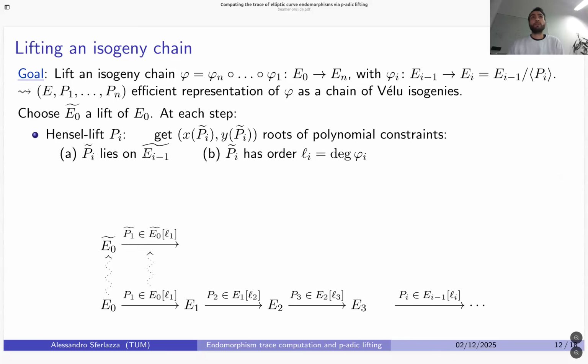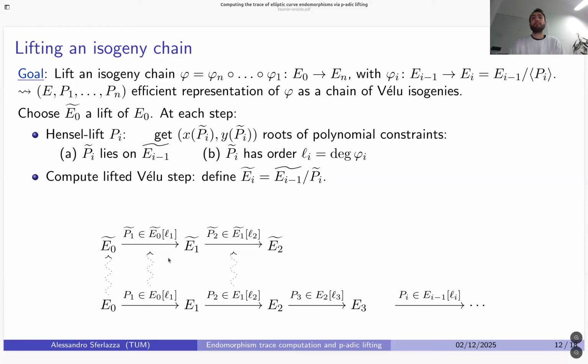We just saw how to do that. So once we've lifted a step, that is, lifted its kernel point, we can define the intermediate codomain above, this E1 tilde, to be the codomain of this isogeny step. This E1 tilde will be an actual lift of E1.